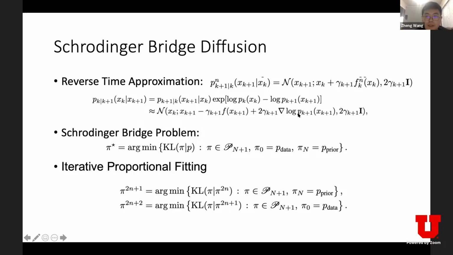Because of the gradient of the log p_k+1, if it's a Gaussian distribution, you can get the same form. I think they may get the same form as in the last slide.